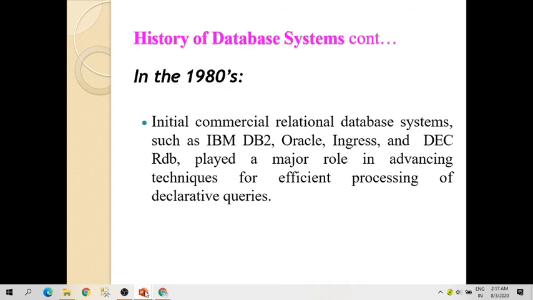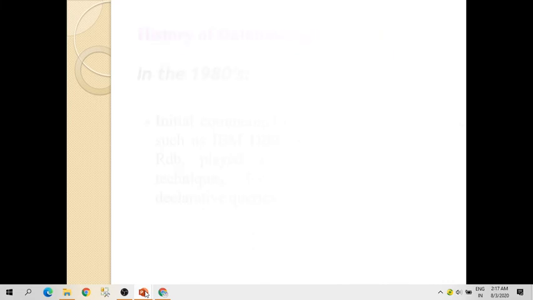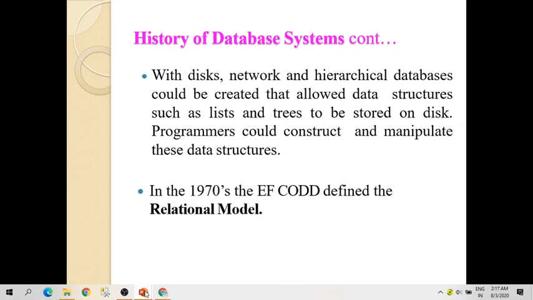In this model, database schemas or logical organization is disconnected from physical information storage, and it became the standard principle of database systems, which was developed by E.F. Codd.